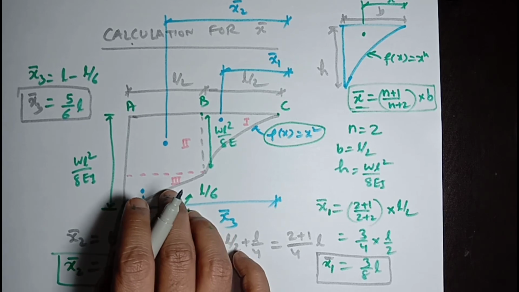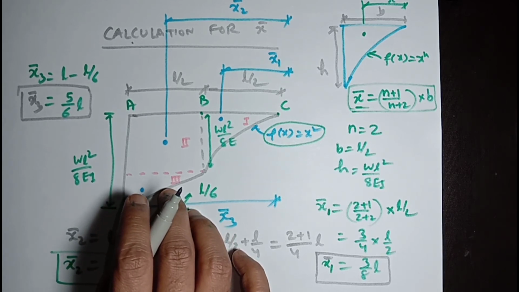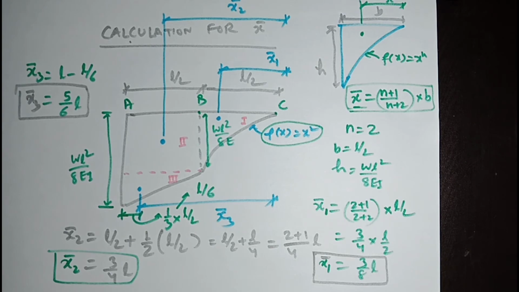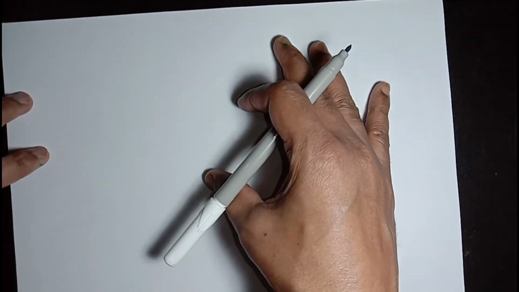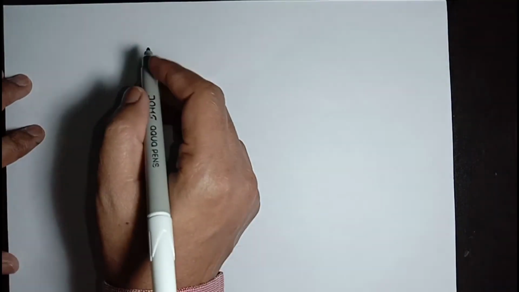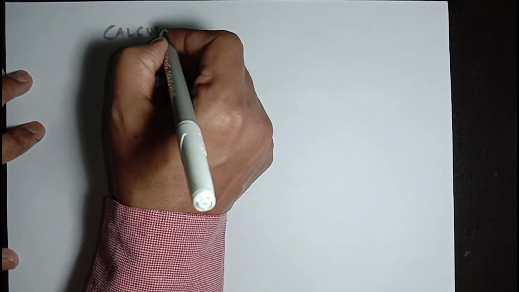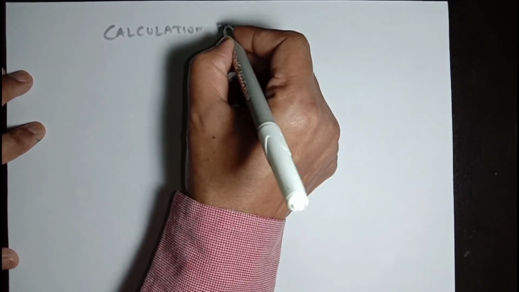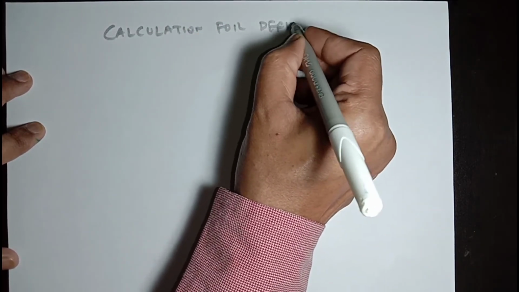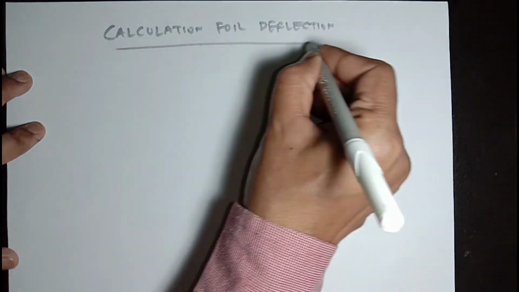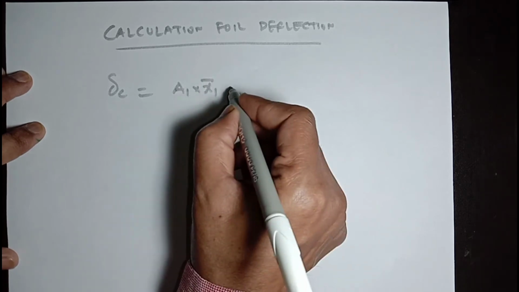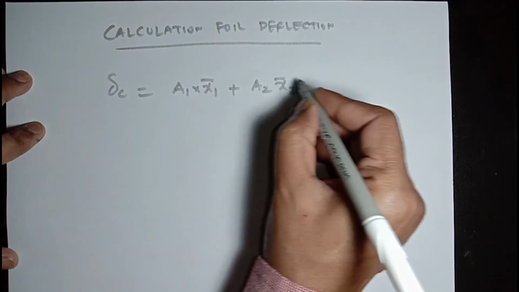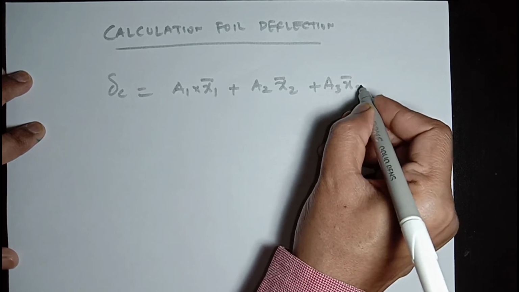So I am going to multiply all areas with their respective centroids. The calculation for deflection delta C will be A1 into x1 bar plus A2 x2 bar plus A3 x3 bar.